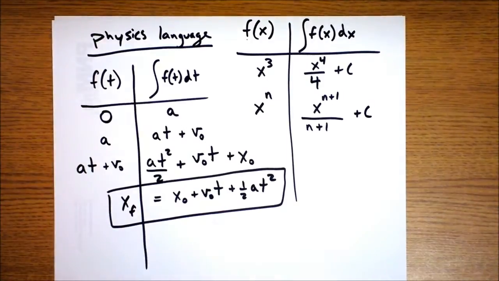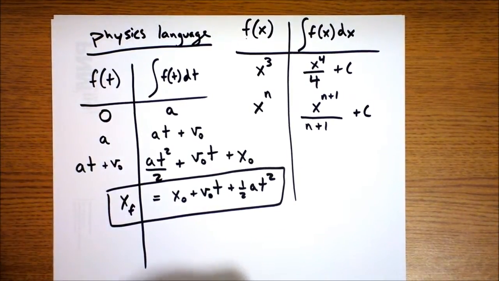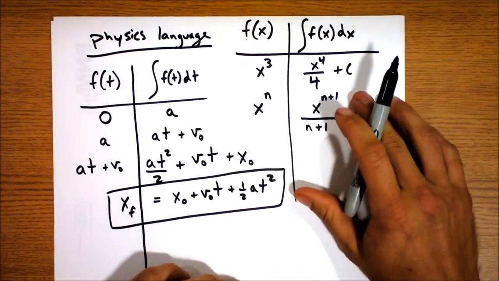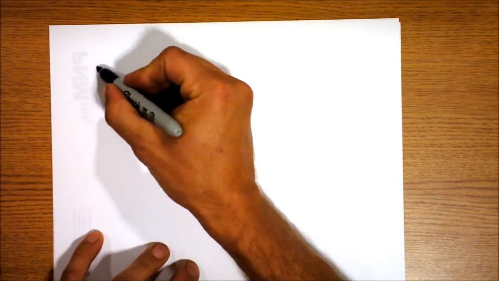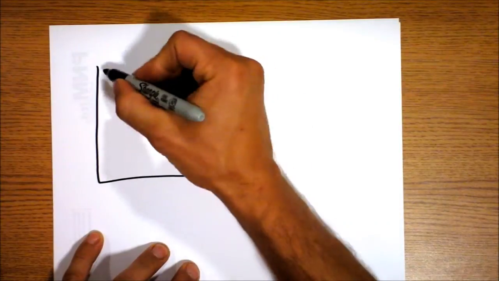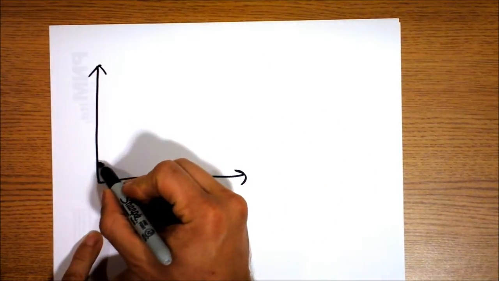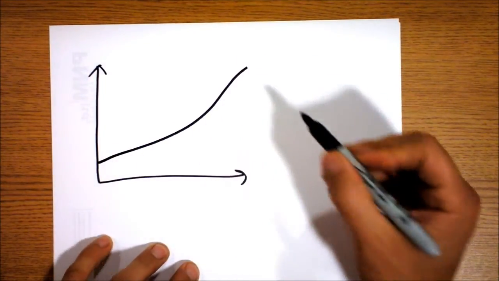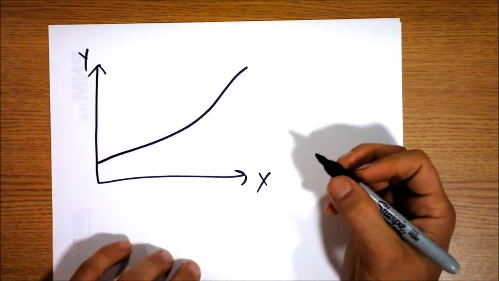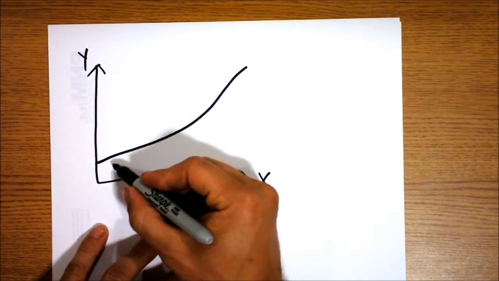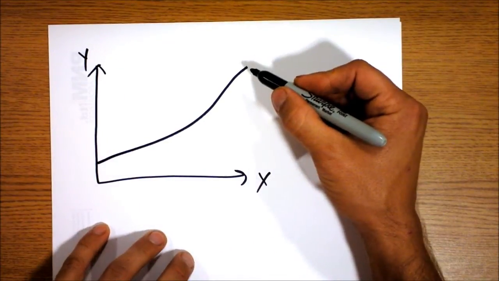I want to mention one final thing about integration, and that's how we can actually get it done. If I have some function, and I want to know, going back to the math language, y versus x, what the area is under here.